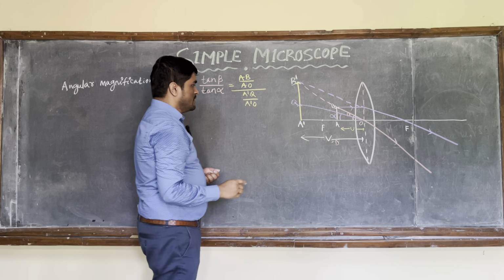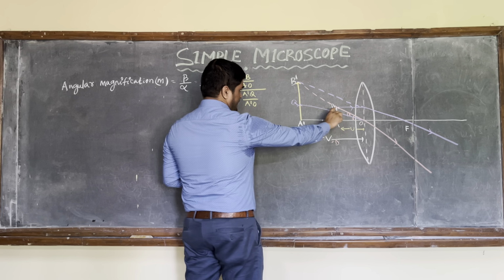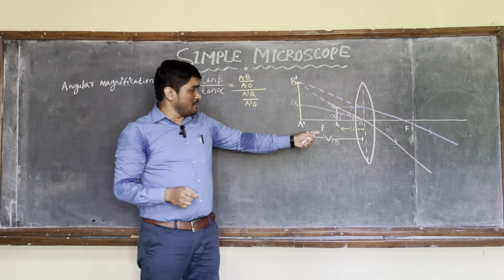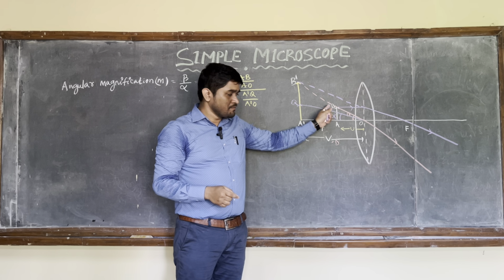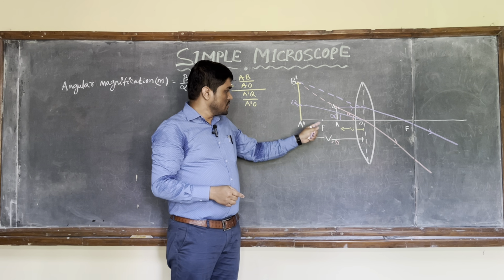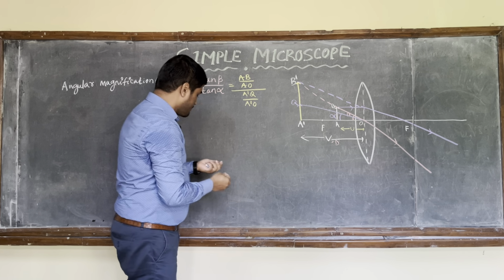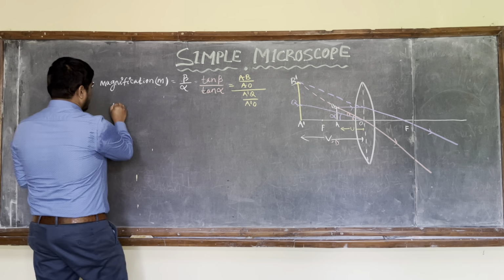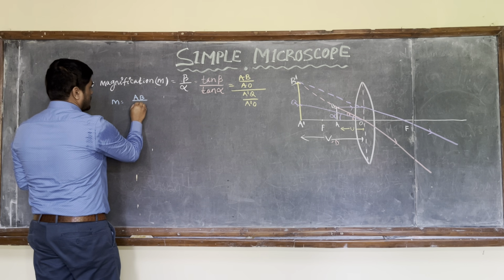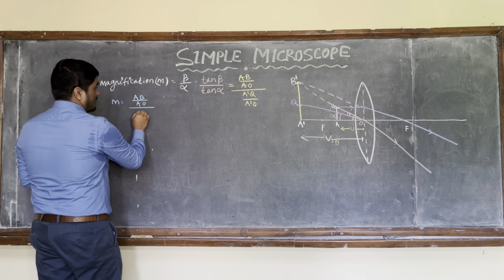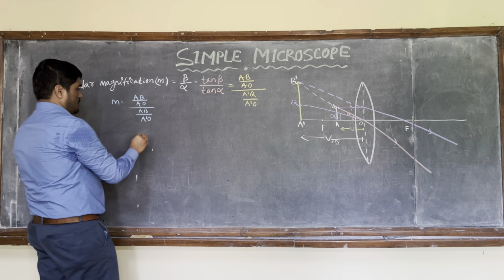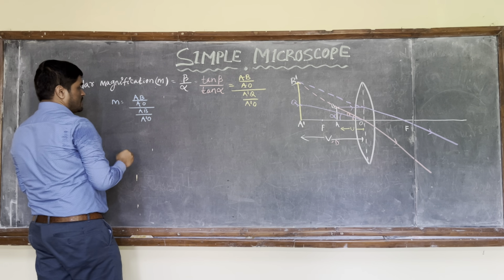Here you can see the height AB is equal to A dash Q. That means in place of AB you can write A dash Q, or in place of A dash Q you can write AB. That's why the magnification M will be equal to AB divided by AO divided by AB divided by A dash O, because the heights are equal.